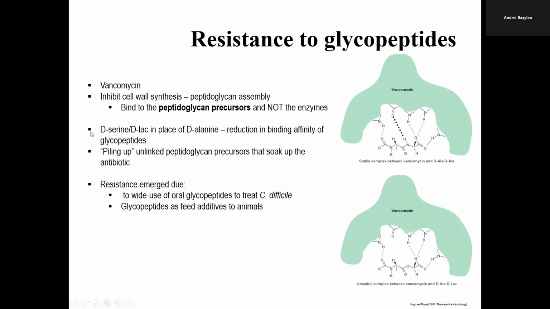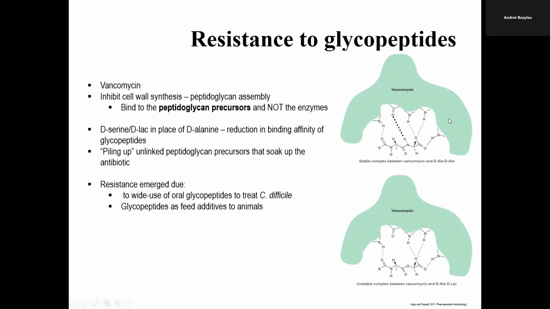Interesting one. The second one is a lot more straightforward, the one that is listed as first here on my slides. If you look at this structure on the right hand side here, the top one, this is the interaction of vancomycin, this huge molecule, with the peptidoglycan precursor under normal conditions.